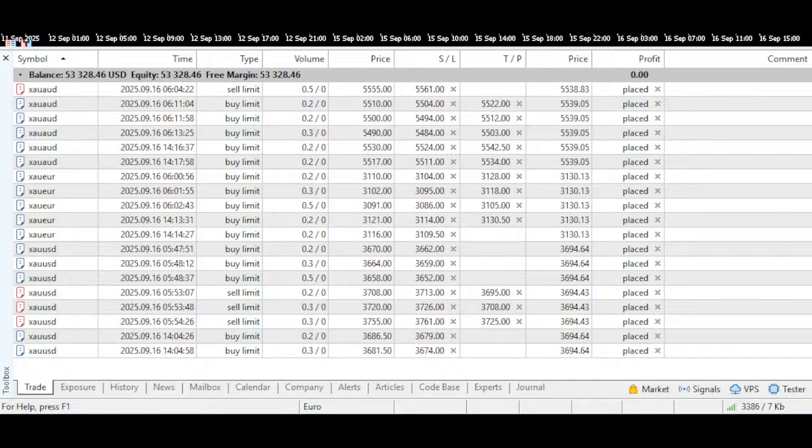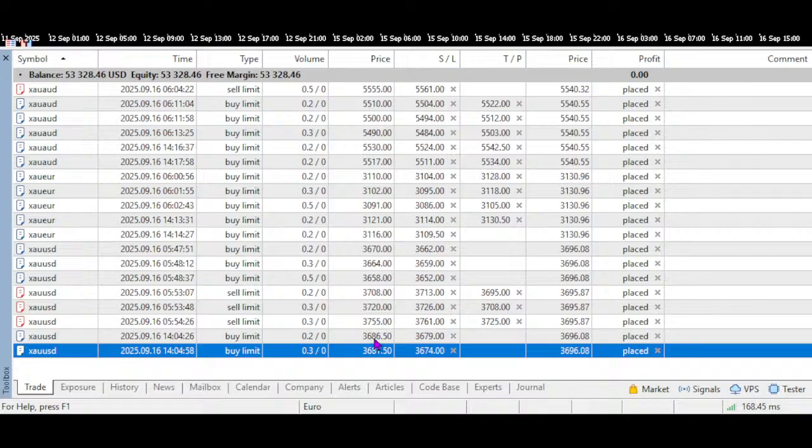Of course we would have different entry levels, different stop loss levels, and our volume would also depend on the confidence level. If we feel the market is going to go down, then we look for a certain level to take an entry. So based on that, let's start off with gold US.